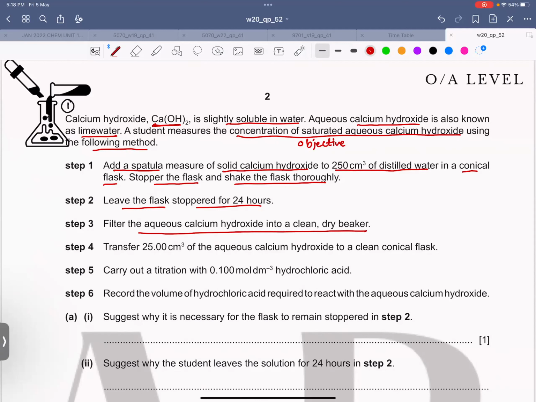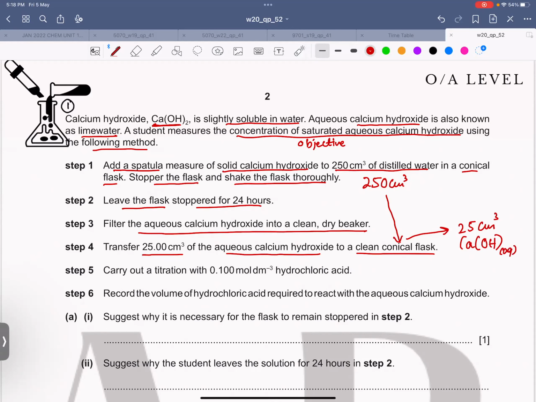Then from that beaker, they transfer 25 cm³ of aqueous calcium hydroxide into a clean conical flask. So initially the solution is made with 250 cm³, and from that we have taken 25 cm³ of calcium hydroxide solution in a conical flask.